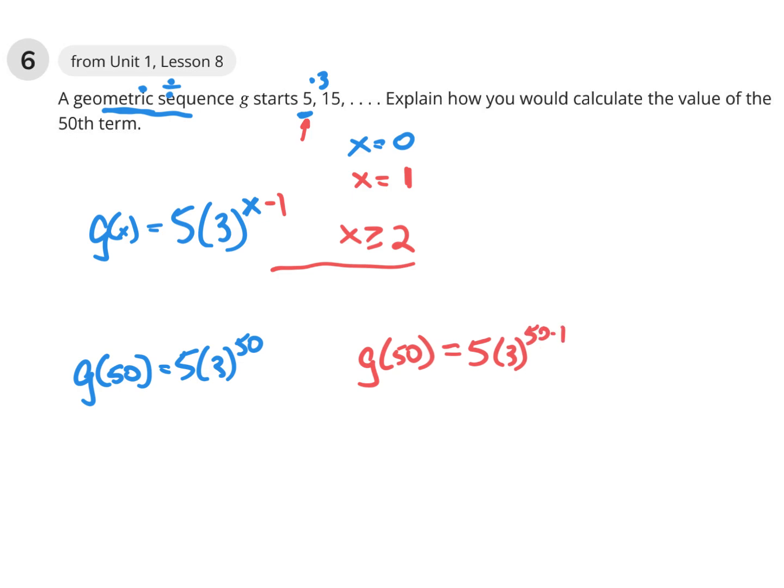So basically the difference between these two is, where do you start? Are you starting at 0 or are you starting at 1? And if you're starting at 1, then your second term starts the series. It's kind of goofy, but if you calculate it, it'll make sense.